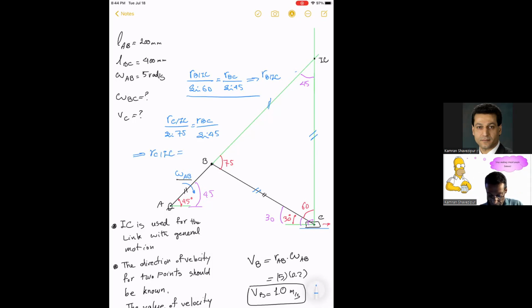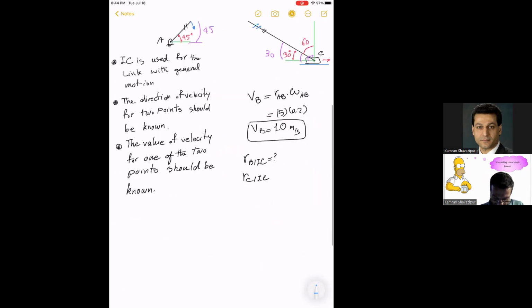So now if you use those, then you're going to get RBIC is 0.49 and RCIC is 0.546, all in meters.